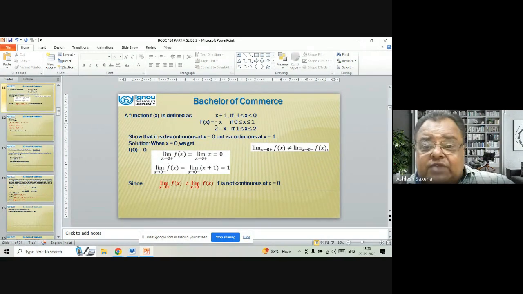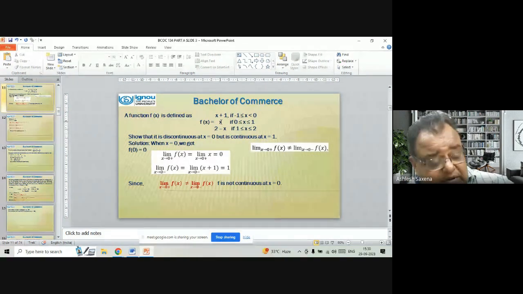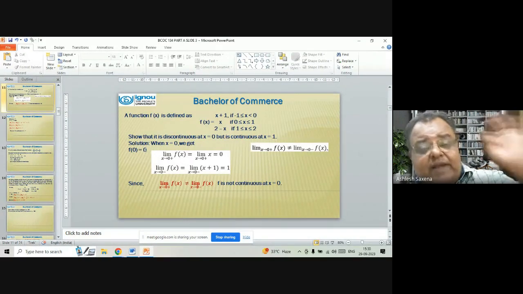Here you have to see where you are going to get x is equal to 0, which has that condition where x is 0. Here you can see for f(x) equal to x, 0 is less than or equal to x less than or equal to 1. That means this is the function for x is equal to 0. So putting 0 into x, it will be 0. Correct? That means your functional value at x is equal to 0 is 0.